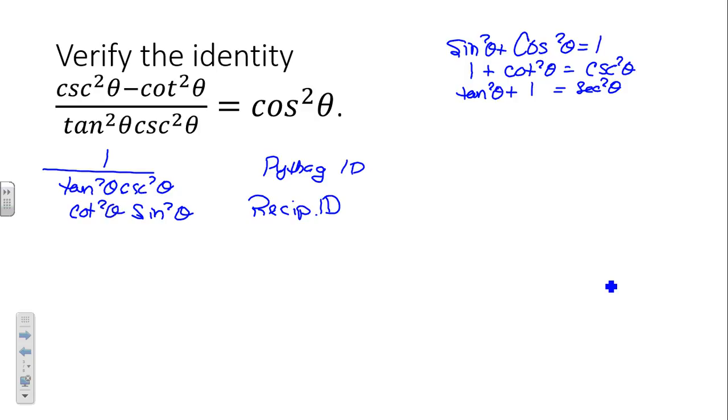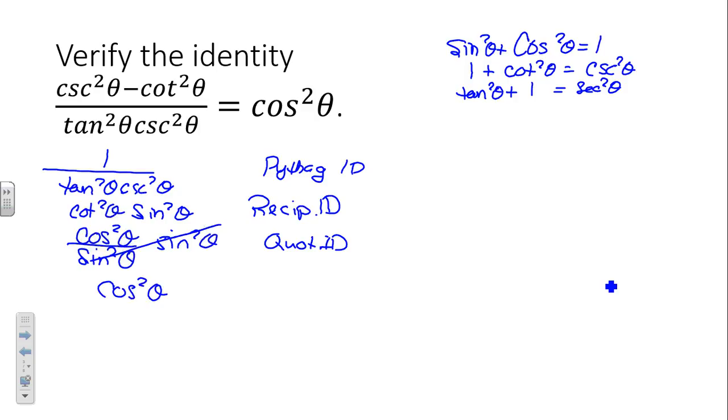And then cotangent is cosine over sine, so the cotangent squared will be cosine squared over sine squared. Okay, we've simply used a quotient identity here. And then they cancel. Sine squared's gone, and so we are left with cosine squared.